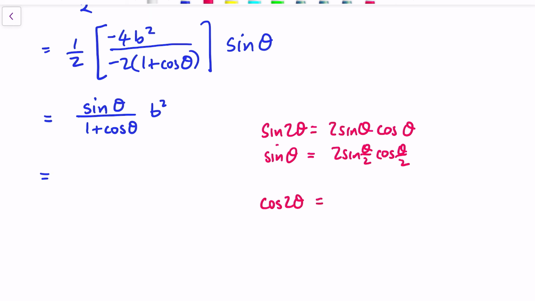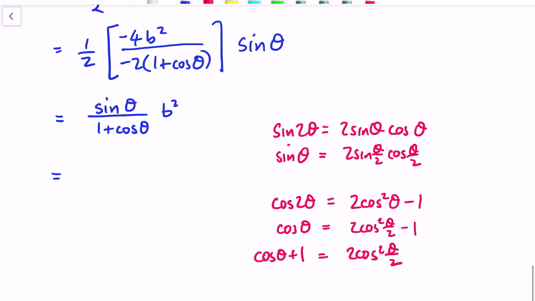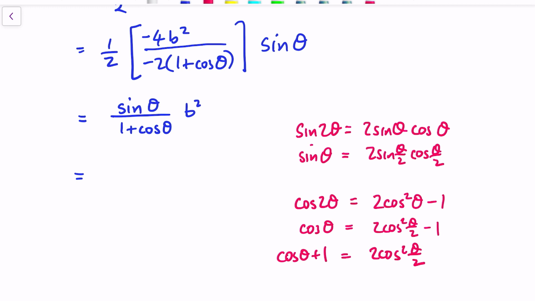So cosine 2 theta is equal to 2 cos squared theta minus 1. And then if we halve the angle on the left-hand side, we halve the angle on the right-hand side. And we need the minus 1 on the other side of the equation. Cos theta plus 1 is 2 cos squared theta over 2. So we use both those relationships there.